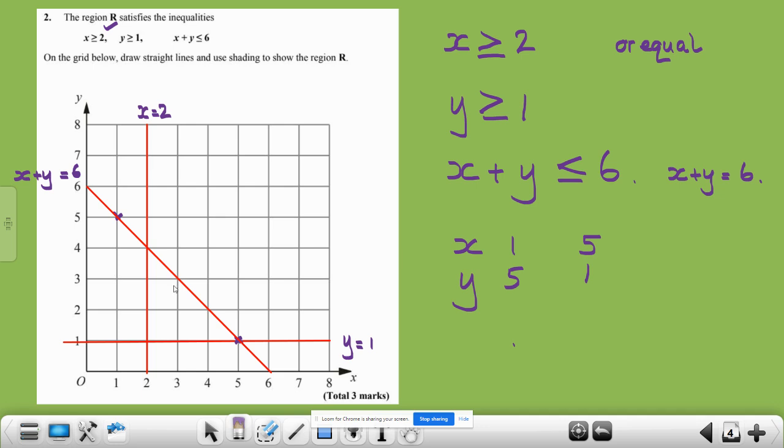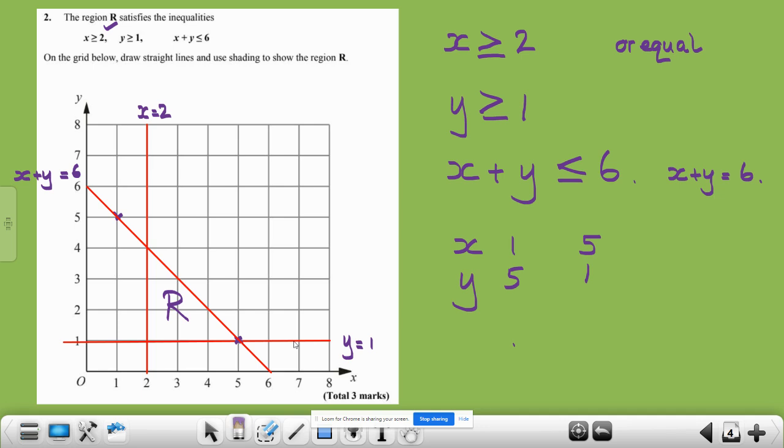So anywhere beneath that line is going to fit this inequality. And you can see once again we've enclosed this region, so we can put an R in there, and within that triangle all 3 of those inequalities are met.